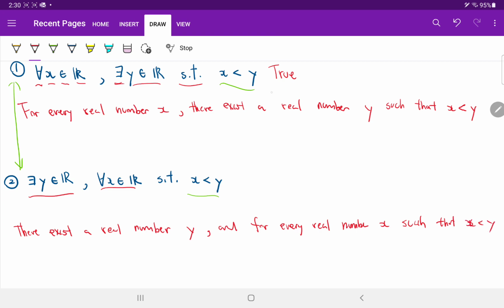X is smaller than y, same as the last one, but read the sentence again carefully, and you will easily find out that this sentence is false.